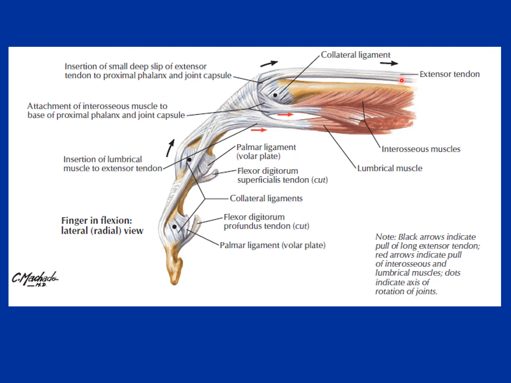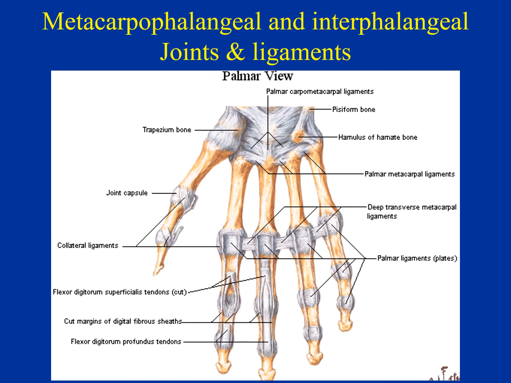Here also you can see the long flexor tendon, the extensor tendon, and the lumbrical as well as the interosseous, which are going to attach to the fingers. Here we can see the metacarpophalangeal joints as well as the interphalangeal joints.